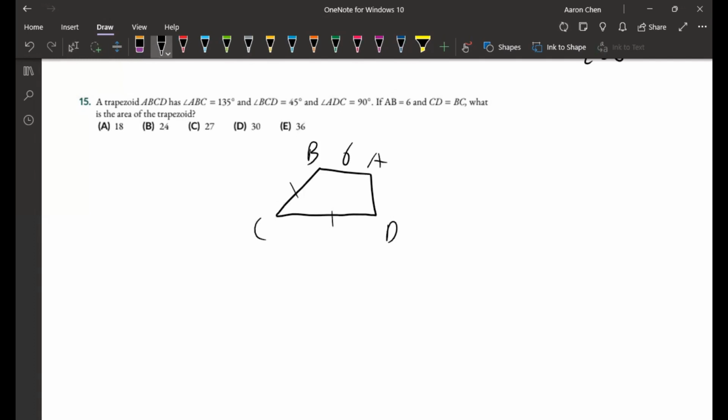I'm amazed no one noticed. Okay, I'll give you what the problem was intended to be: BC is equal to 6, and AB equals AD.